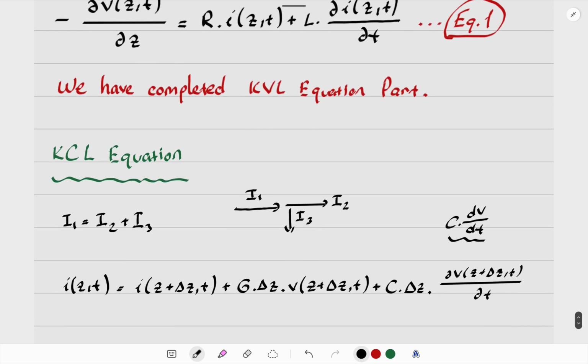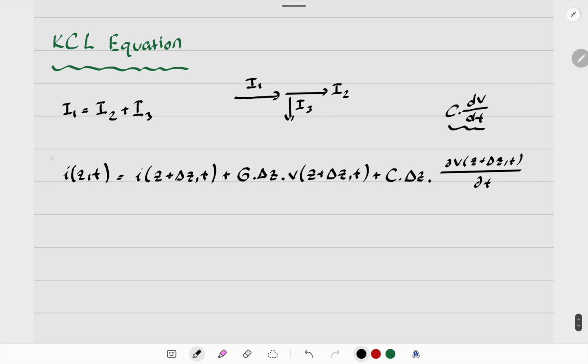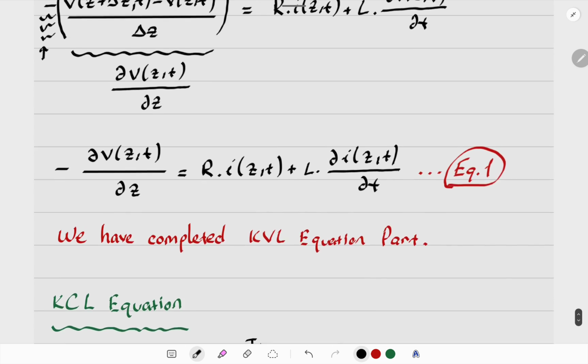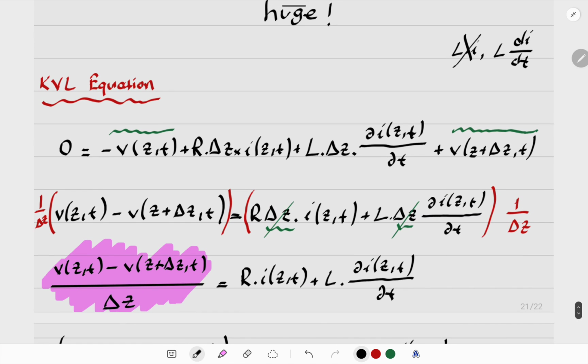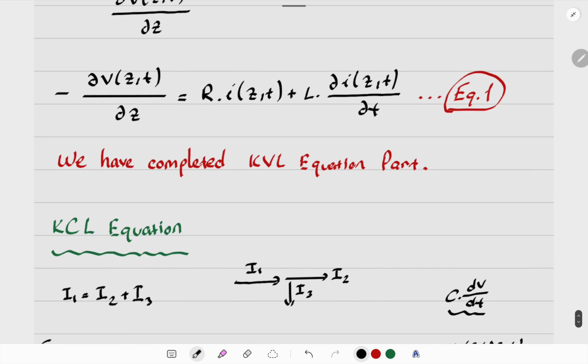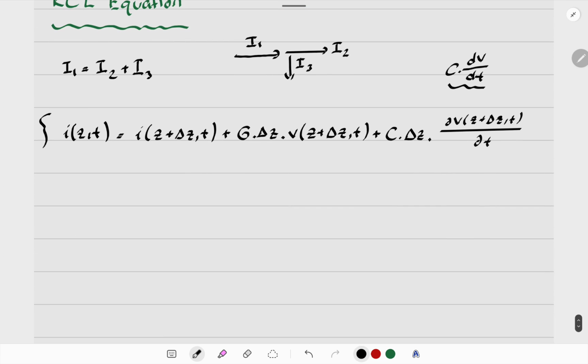We can see that this equation looks very similar to the KVL equation, but with different parameters: I, G, and C. The only difference is the terms.